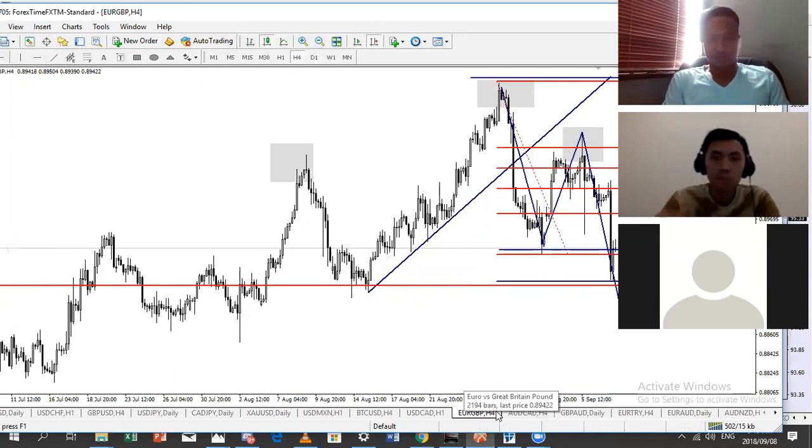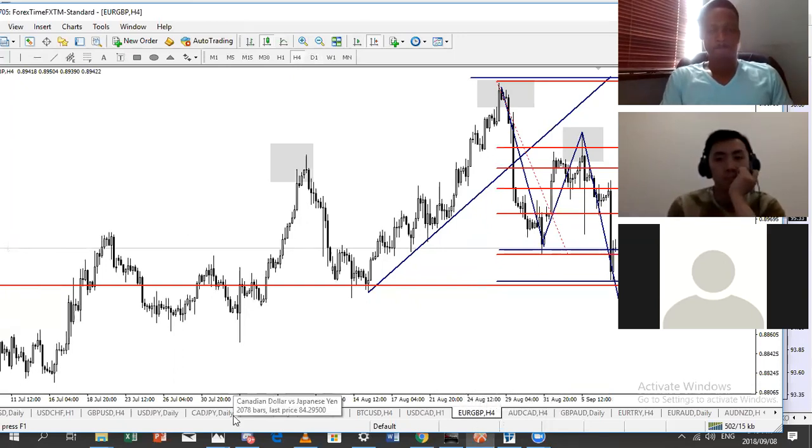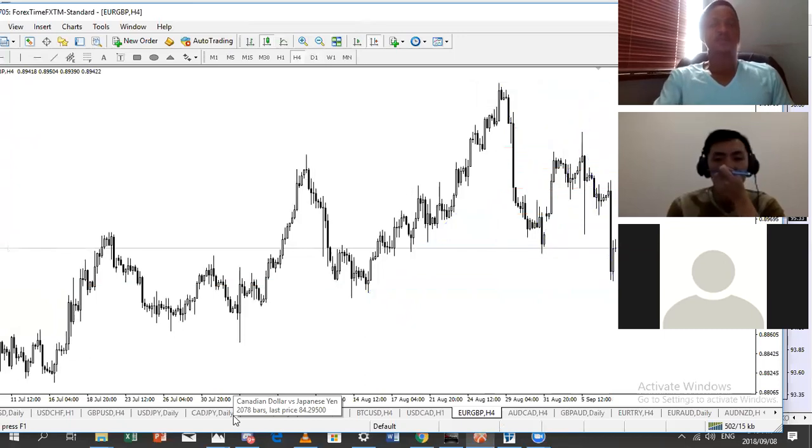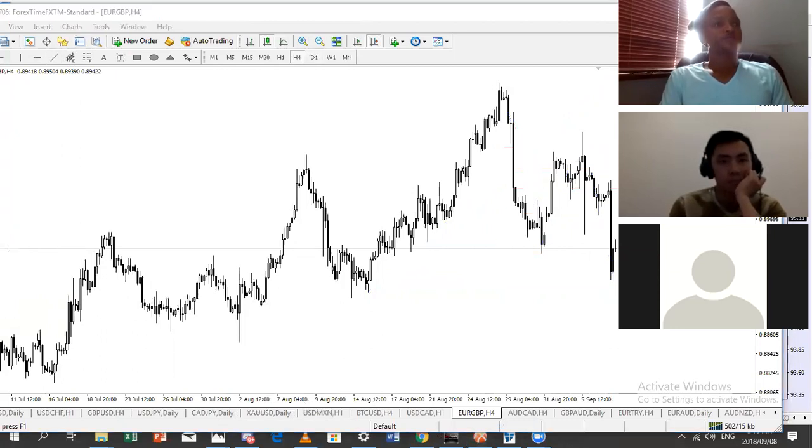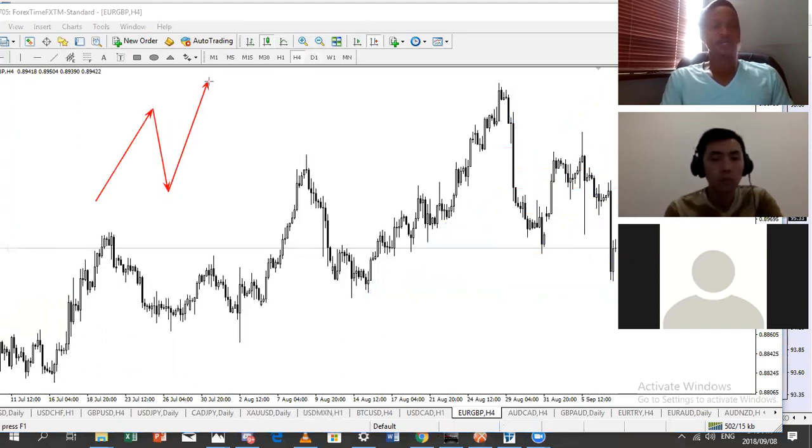Let's go to another one, which I think is... It doesn't have to. The head and shoulders is nicer if it does this. More nicely if we're having something like this, and then we're having a head there.